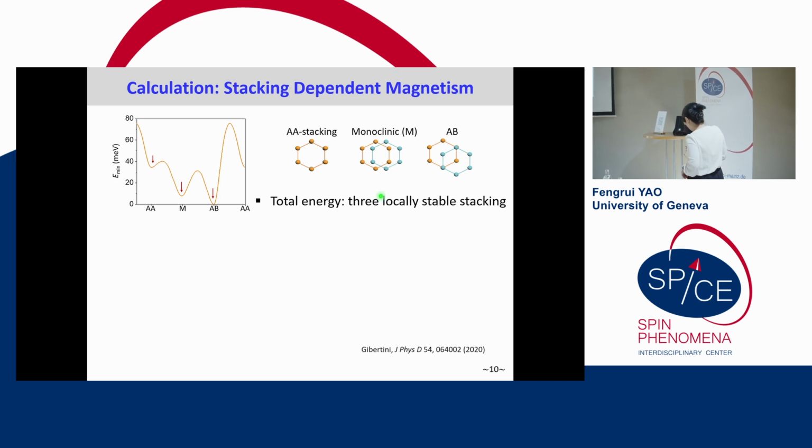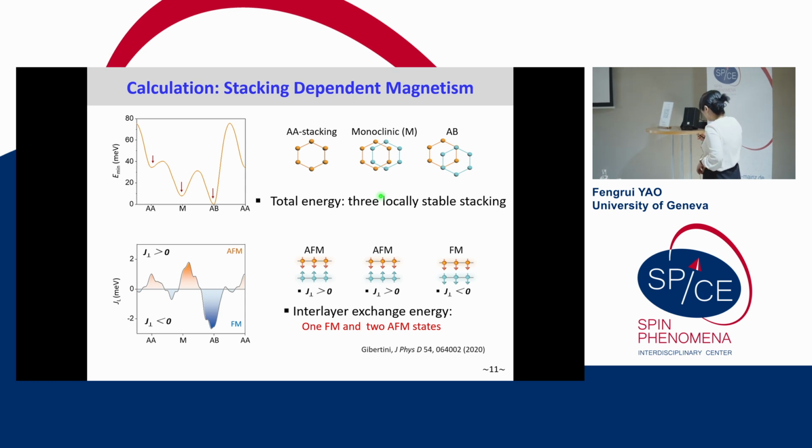Calculation also shows that AA stacking and monoclinic stacking will be antiferromagnetic, since the interlayer exchange interaction is positive, and AB stacking will be ferromagnetic, since its interlayer exchange is negative.